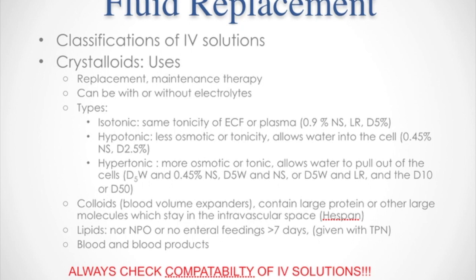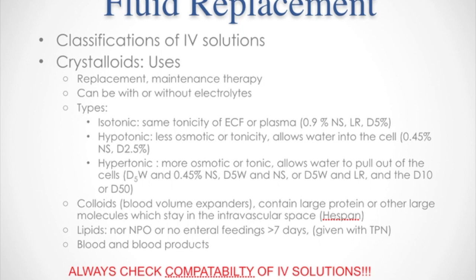An example of that would be HESPAN. There are also lipids. Those are for people that are NPO or people that have had no enteral feedings for greater than 7 days. And those are generally given with TPN. And we're going to talk about TPN in an upcoming chapter.